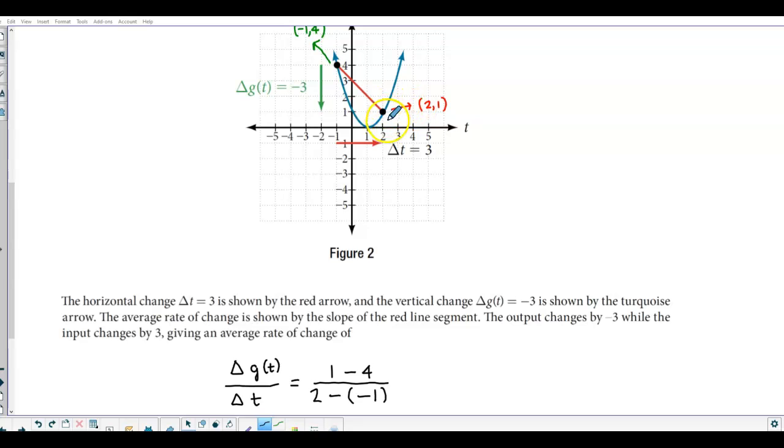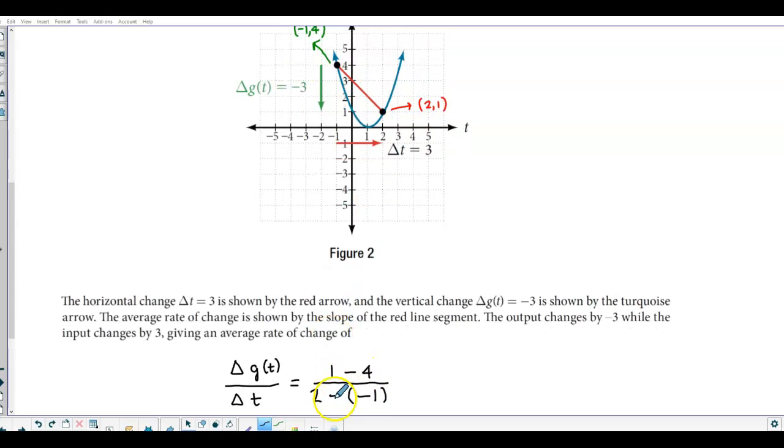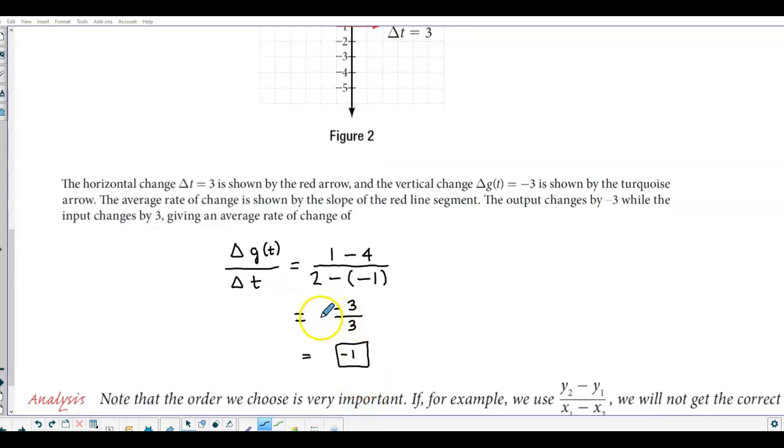The output of our first ordered pair is 4 and the output of our second ordered pair is 1. So we take the difference between the second and first output: 1 minus 4. And the input is 2 minus -1. So we end up getting -3 divided by 3, which gives us an average rate of change of -1.